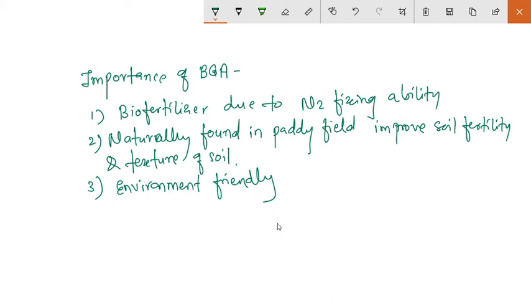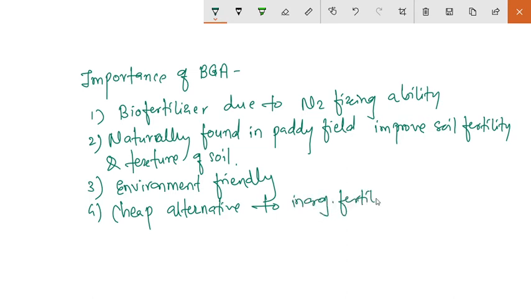Okay, so then they are the cheap alternative to inorganic fertilizers. म्हणजे इनऑर्गॅनिक फर्टिलायझर केमिकल फॉर्म मध्ये जे इनऑर्गॅनिक फर्टिलायझर त्याच्यापेक्षा हे स्वस्त असतात.